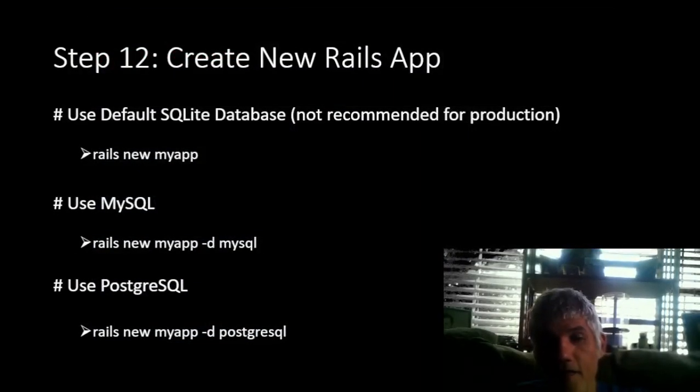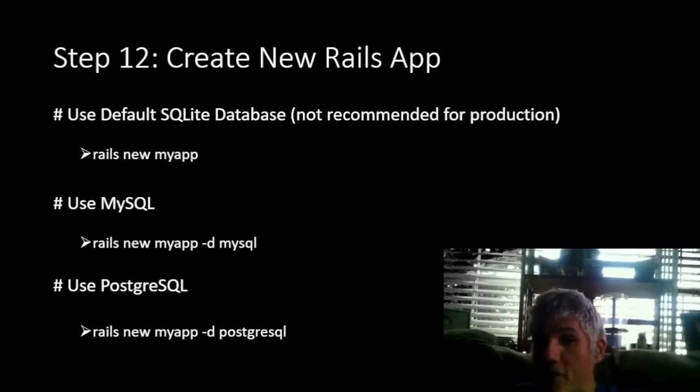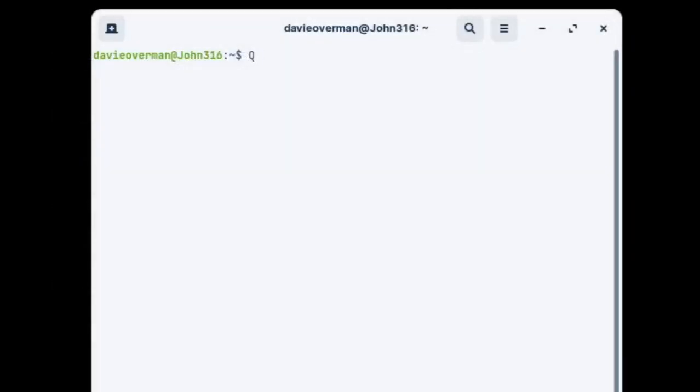And now, here is how you create a new Rails app that uses PostgreSQL as the database of choice. And here is the screen recording showing this in action.